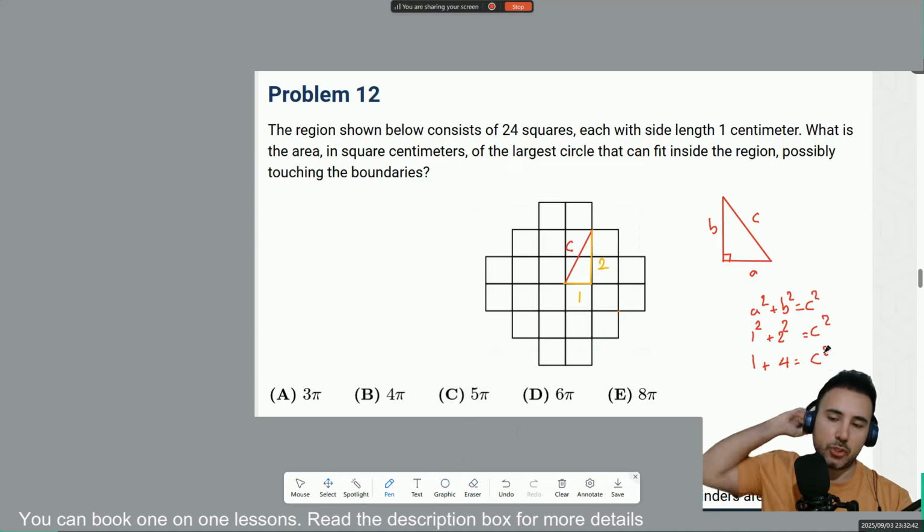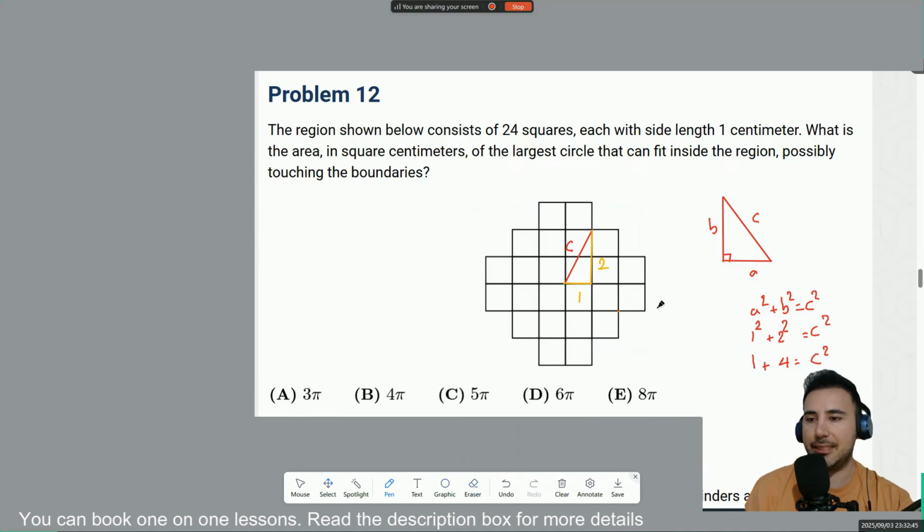That means C is equal to square root 5. And that is the biggest circle that can fit in here. So if C is also the radius, square root 5 is the radius here, okay?